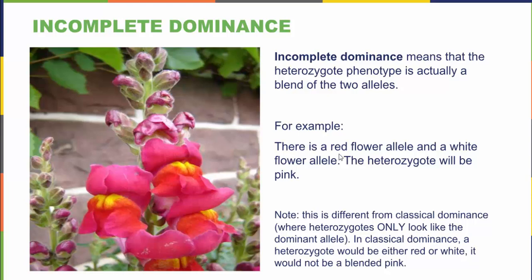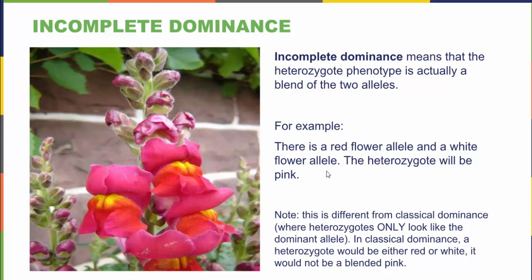Remember that if we were talking about classical dominance, the heterozygote would either be red or it would be white, depending on what the dominant allele is.